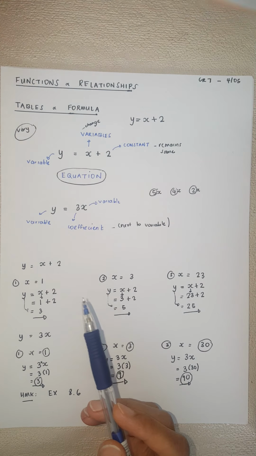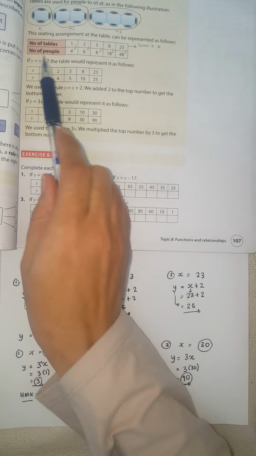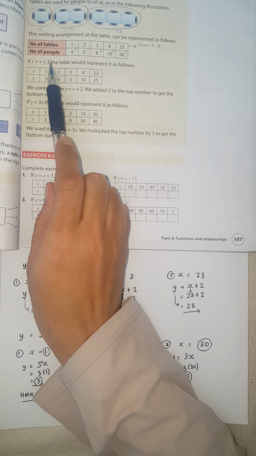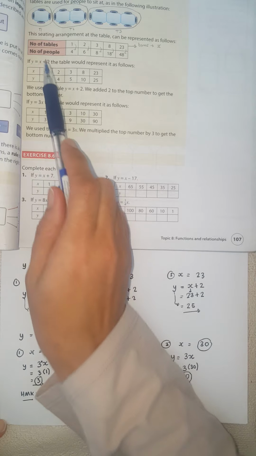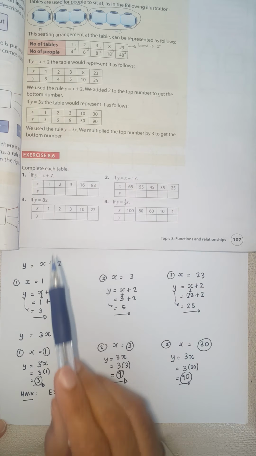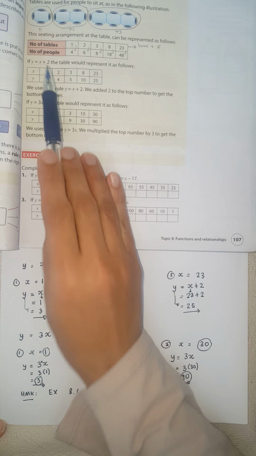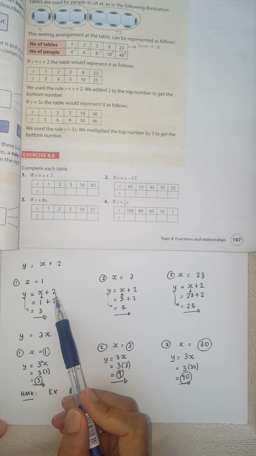So let's look at the first part here, where I'm saying y equals x plus 2. So I'm at this example here, which is y equals x plus 2, and we're going to put that into a table and see what values we get for y when we are changing x all the time, right? So when x is 1, we're going to say y equals x plus 2. That's given to me, that's my equation.